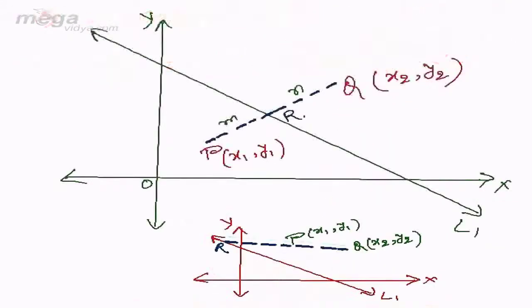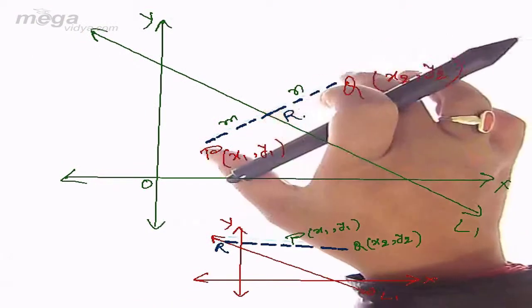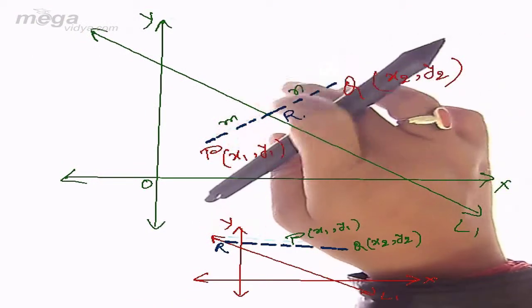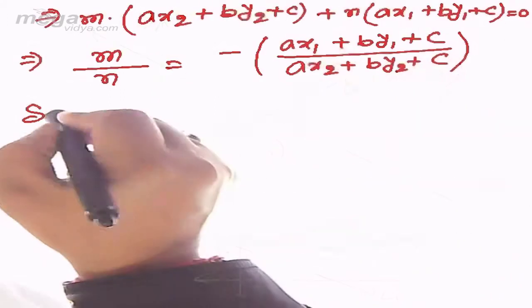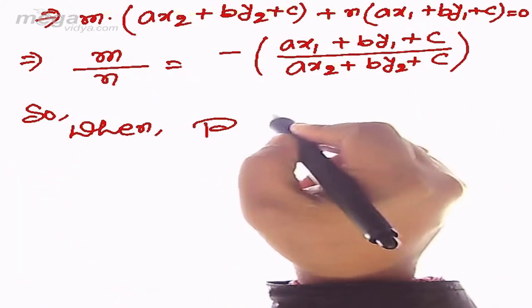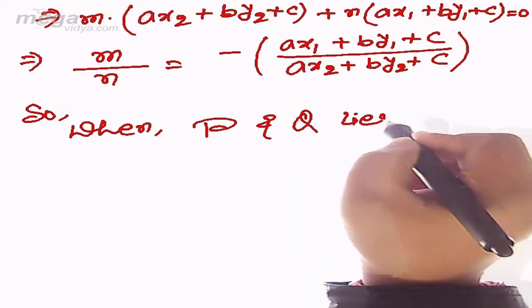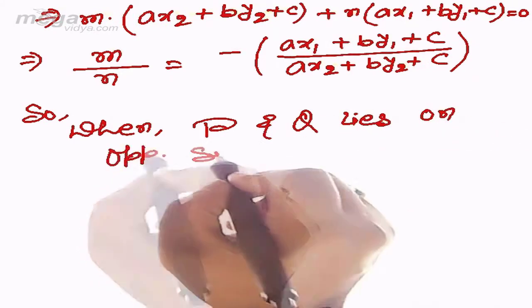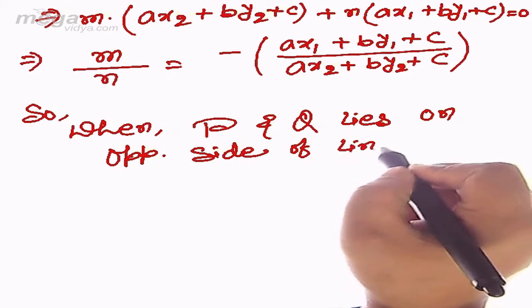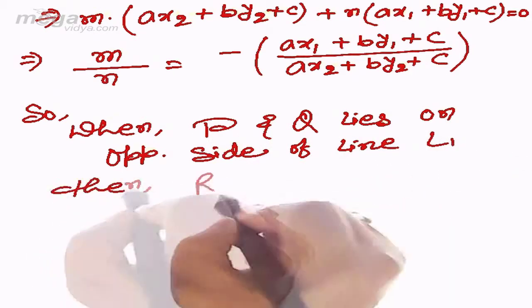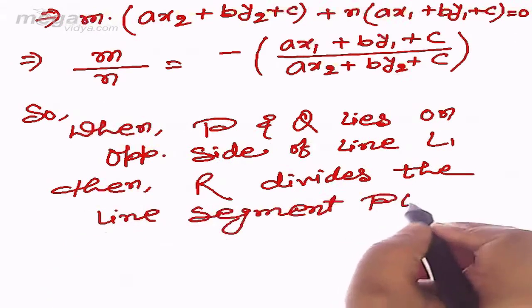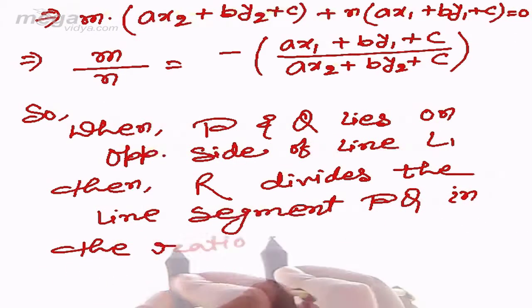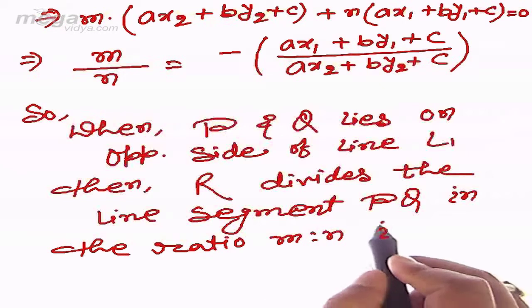In the first case, if R divides PQ internally, then m upon n, the ratio, should be positive. So when P and Q lie on opposite sides of line L1, then R divides the line segment PQ in the ratio m is to n internally.